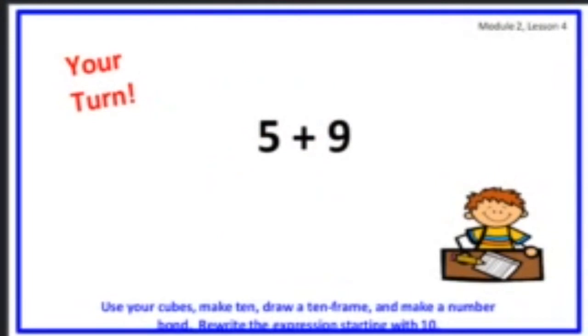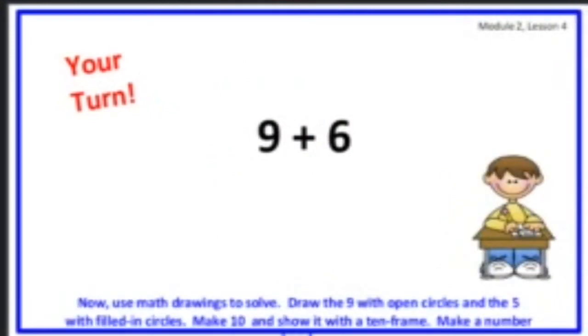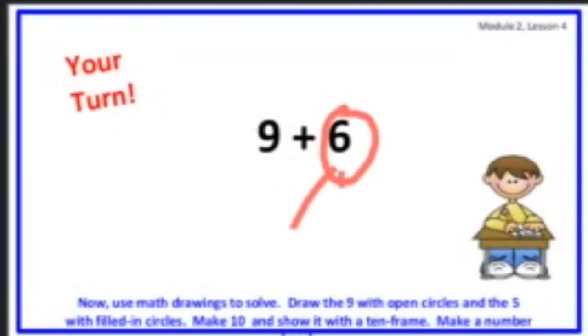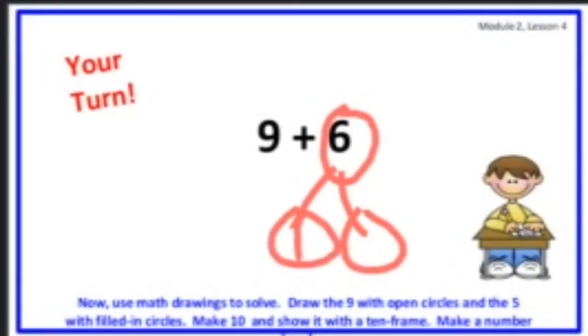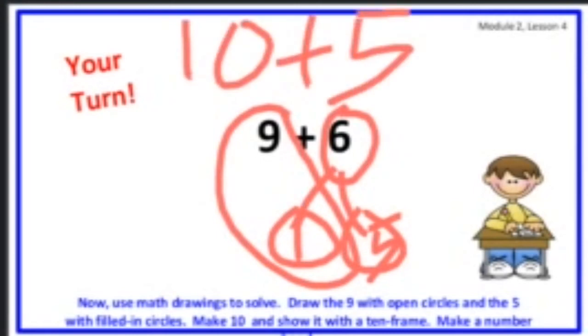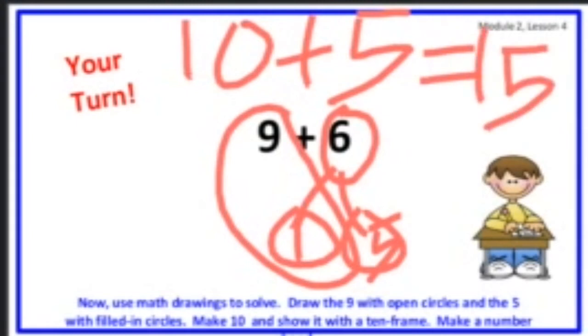And again we have 9 plus 6. I'll put my number bond on the 6 just to share it, and put 1 and how many is left? 5. Make my 10 and put my 10 plus 5 as left outside to give me 15. Very good.